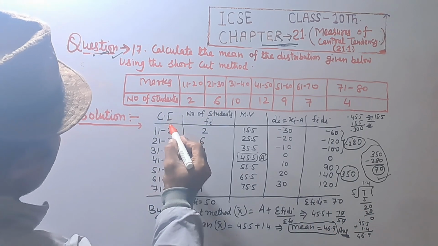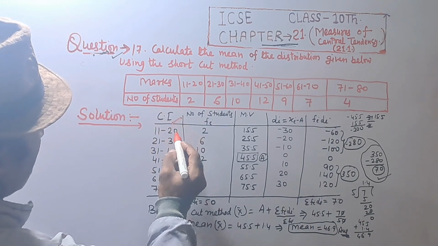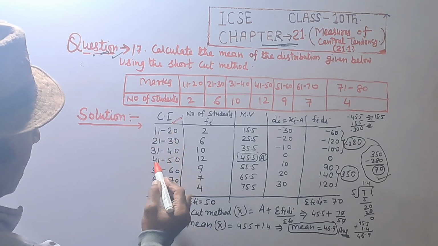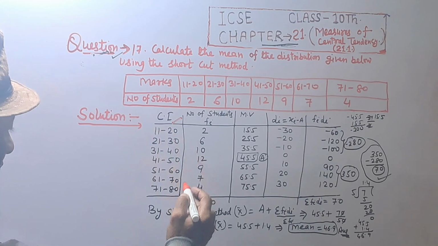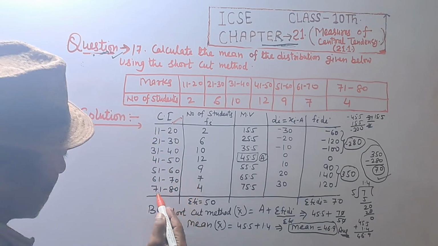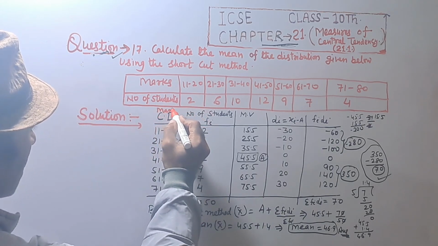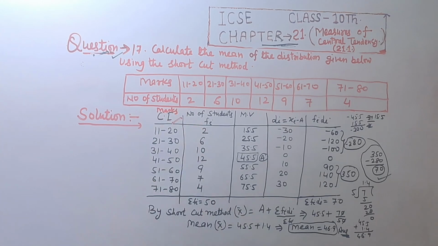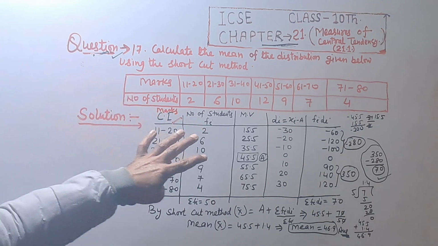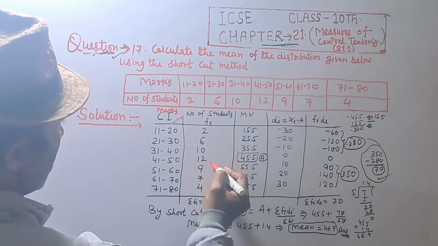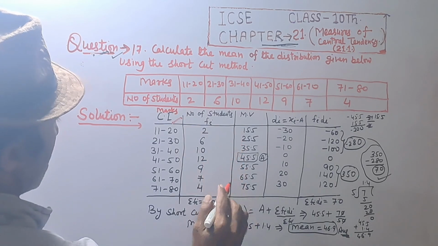Answer. Given marks, that is class interval, equal to 11 to 20, 21 to 30, 31 to 40, 41 to 50, 51 to 60, 61 to 70 and 71 to 80. And number of students, frequency, equal to 2, 6, 10, 12, 9, 7 and 4.